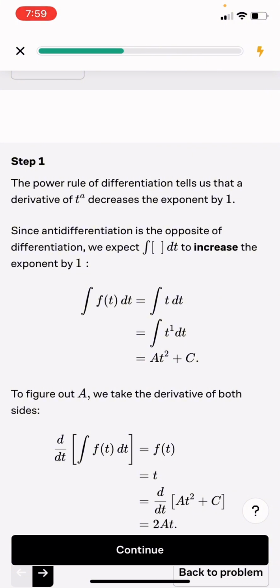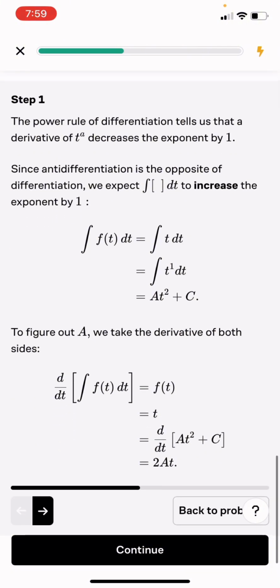The power rule of differentiation tells us the derivative of t^a decreases the exponent by 1. Since antidifferentiation is the opposite of differentiation, we expect the antiderivative of t to increase the exponent by 1, as we see here. To figure out a, we take the derivative of both sides.